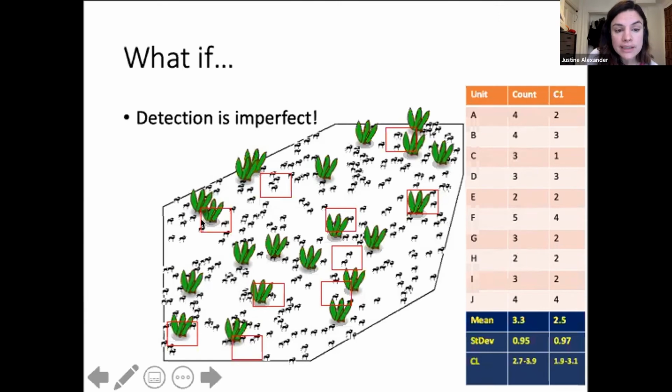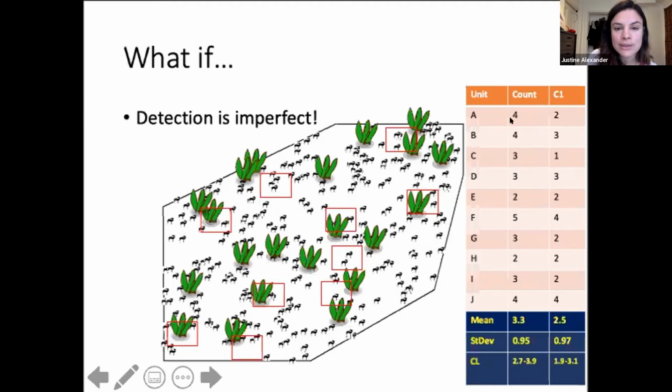But in some cases, there's vegetation. So when we come and sample, we might not actually see all the individuals that are actually there. So if you imagine each of these red grids had a letter, A, B, C, and we actually knew how many animals were in each of the grids.